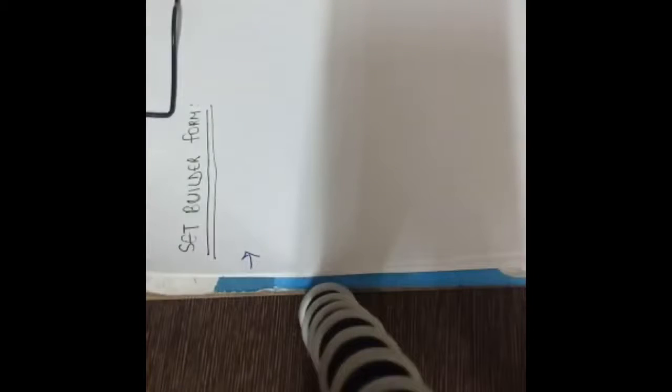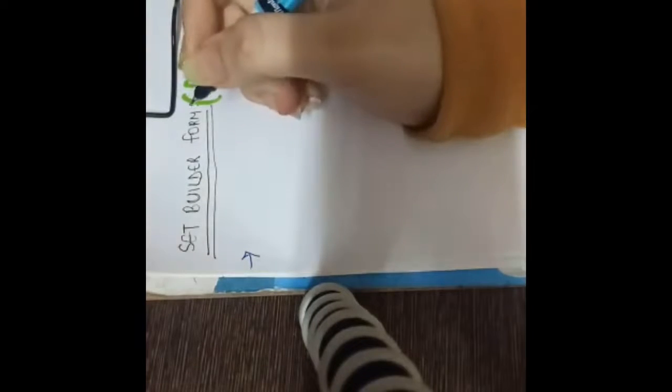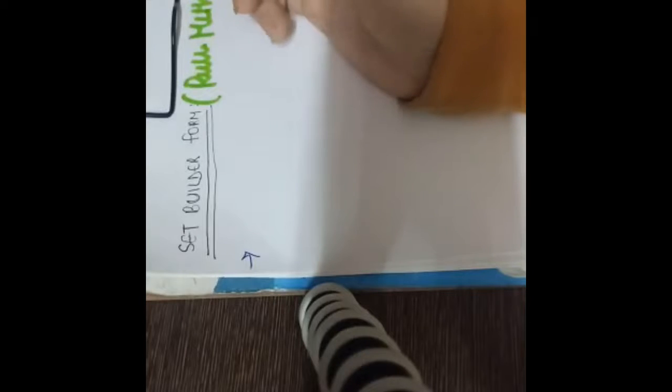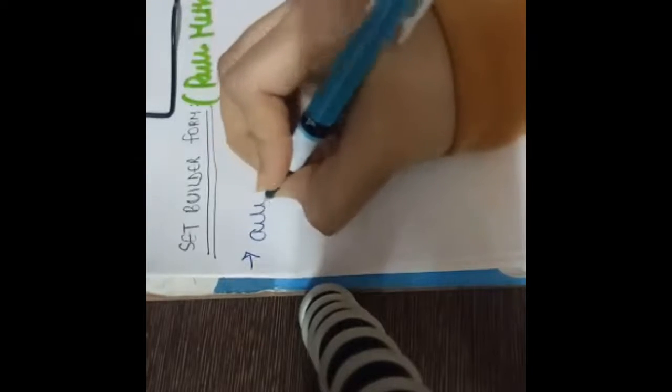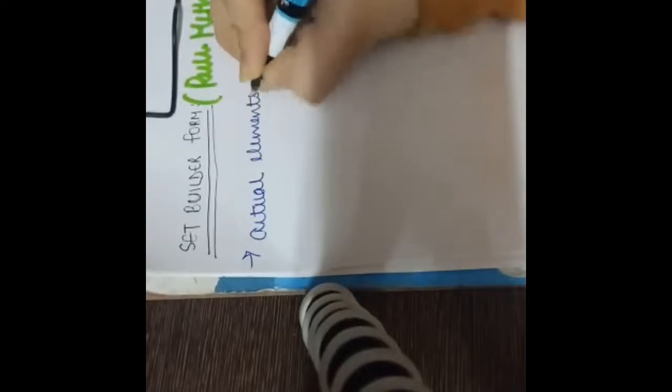Right? Now let's move on to the second form, the set builder form. Do you know an interesting fact, that this set builder form is also known as the rule method? In the set builder form, the actual elements of the set are not written.